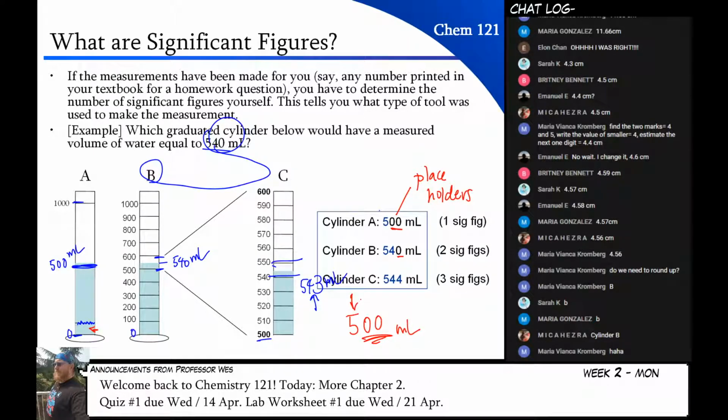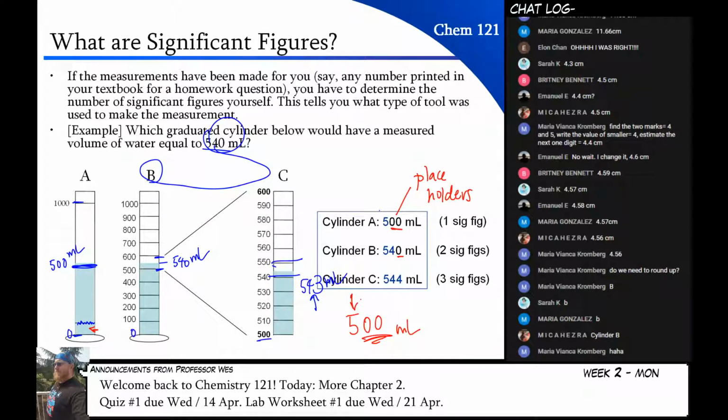So when you see zeros at the end of a number, and the purpose of those zeros is to just be a placeholder, that zero is not significant. We're not going to count it as one of the sig figs because we don't really know if it's 500 exactly or 500 rounded. We don't have the marks on the device to tell us that.